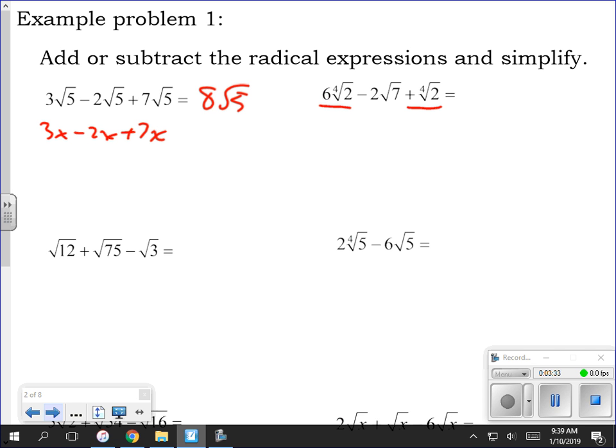So I have 6 fourth root of 2's and 1 fourth root of 2. That means I have 7 fourth root of 2. Okay. And then what else do I have left? I have that. There are no other root 7's. So it's minus 2 root 7.